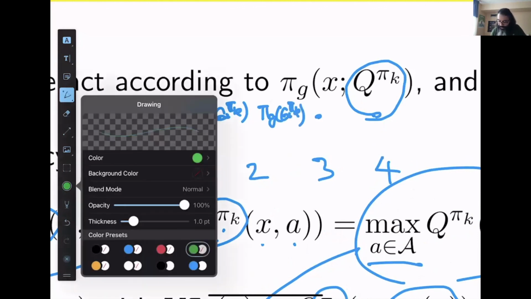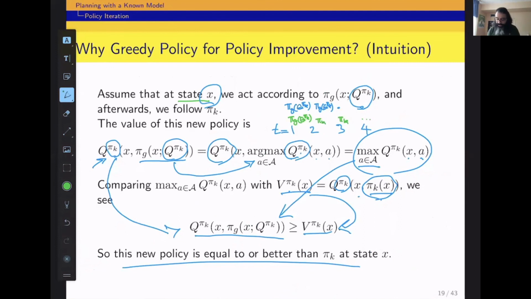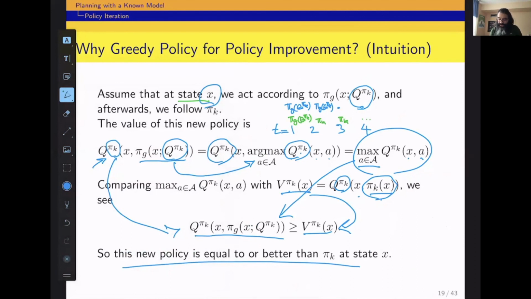What I described here is that at the first step I choose the greedy policy of Q pi K, but at the second step I choose pi K. The computation I have done computes the action value function, which says that at the first time step I choose the greedy policy, but at the second, third, and fourth time steps I follow pi K. So this corresponds to this green case.